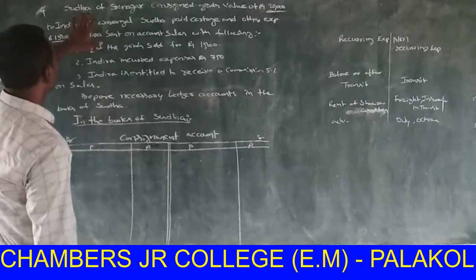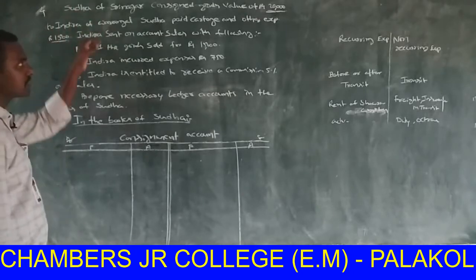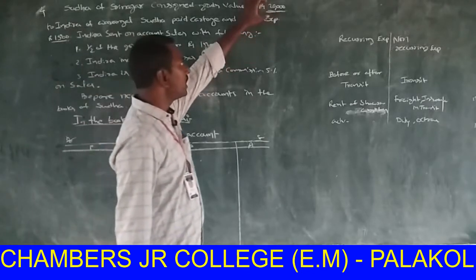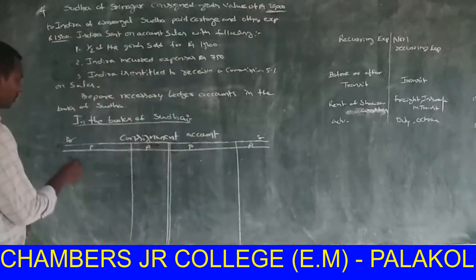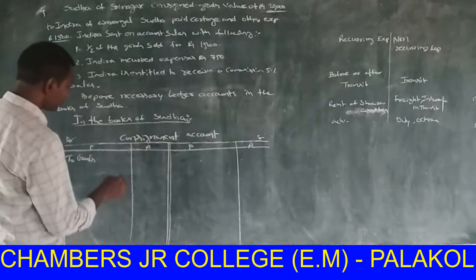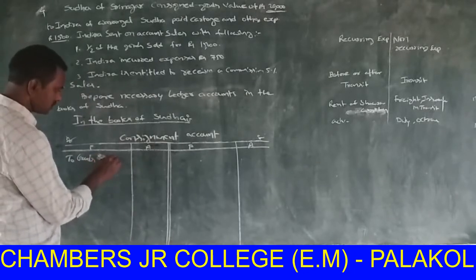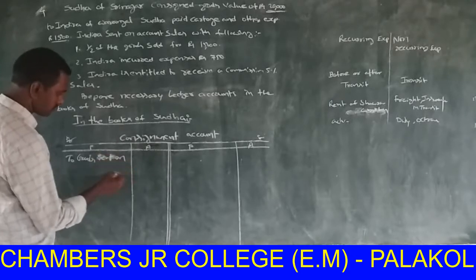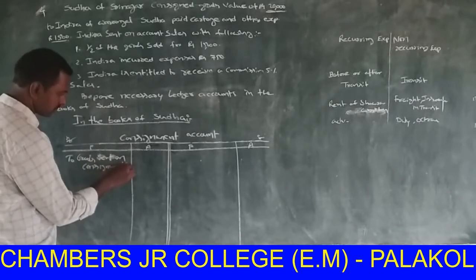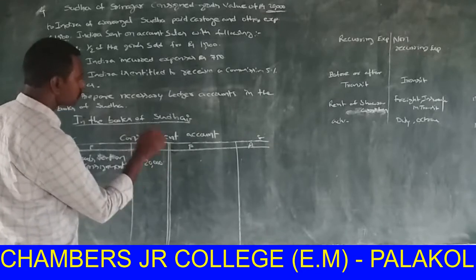First of all, Sudha of Srinagar consigned goods value of 20,000 to Indira. Here Sudha purchased goods for consignment, so it is an expenditure. So it is debited in the consignment account, to goods sent on consignment, rupees 20,000.